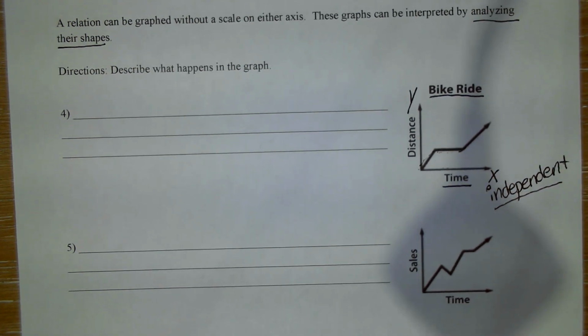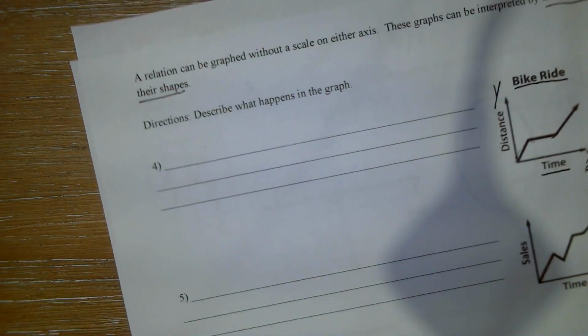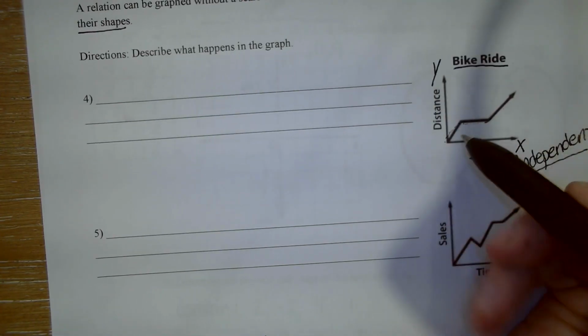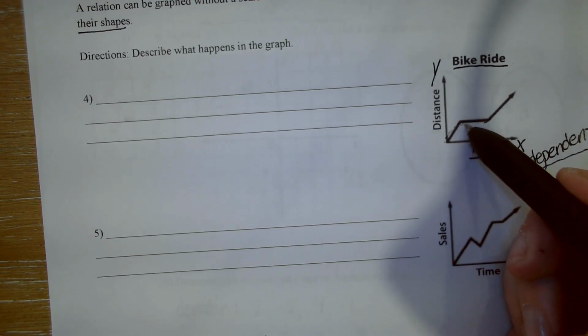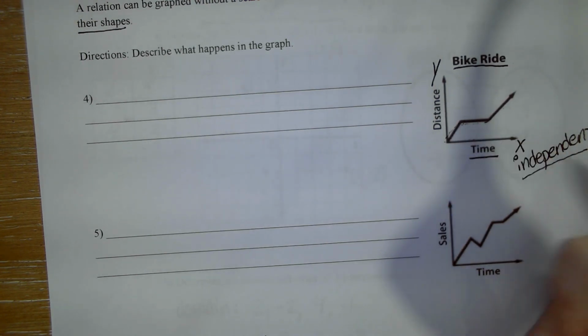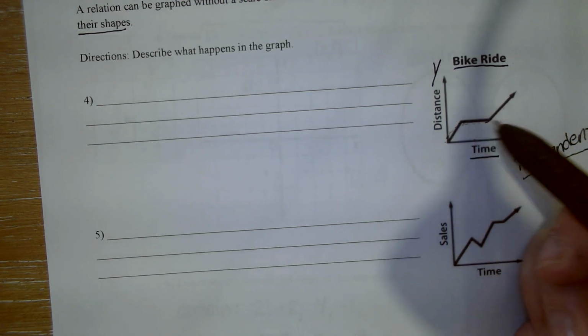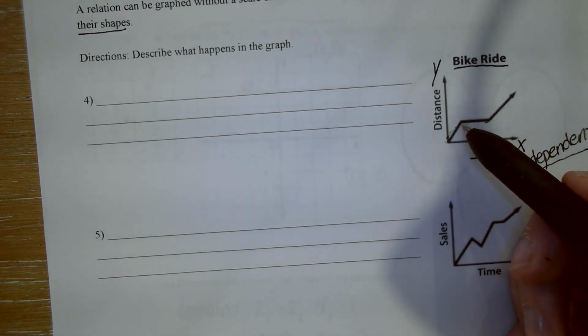So what do you think that means? Well, the best way we could describe what has happened is we start on a bike ride, we ride for a little bit, and then we take a break. So time continues to pass. We don't press pause on the clock, but we're just sitting there, just chilling, drinking our juice.